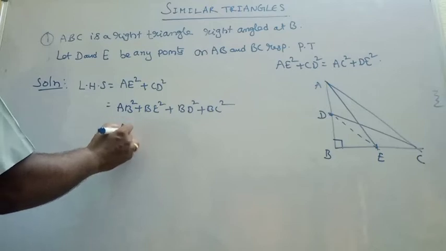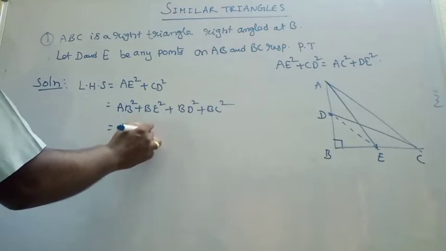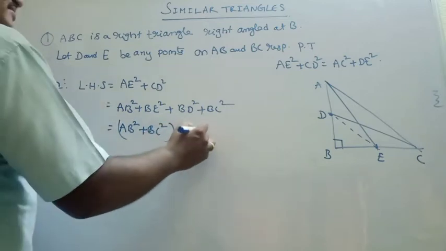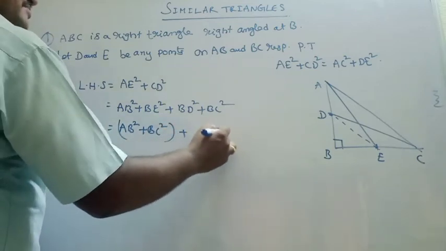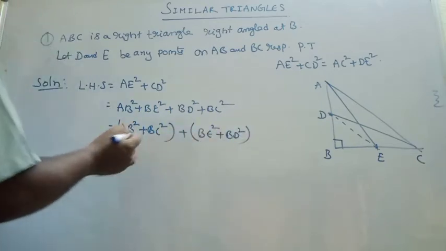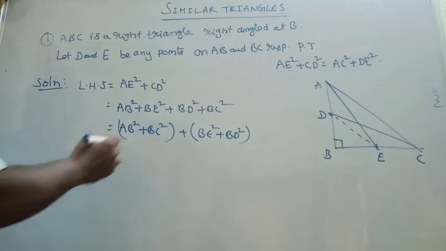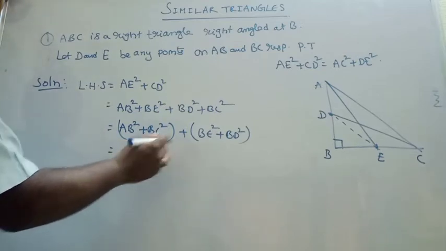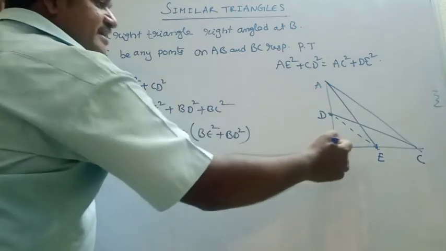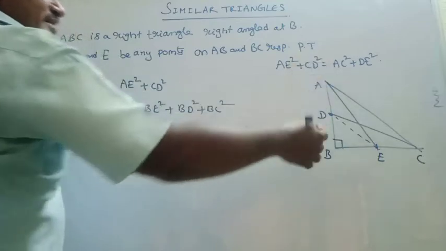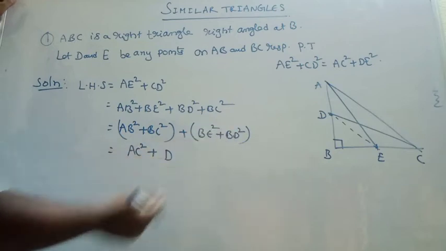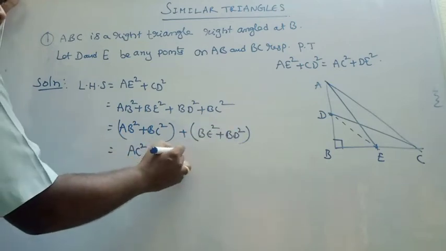Now we will write this as AB square plus BC square as one group, plus BE square plus BD square as another group. AB square plus BC square is equal to AC square, because ABC is a right angle triangle, and BE square plus BD square is equal to DE square.